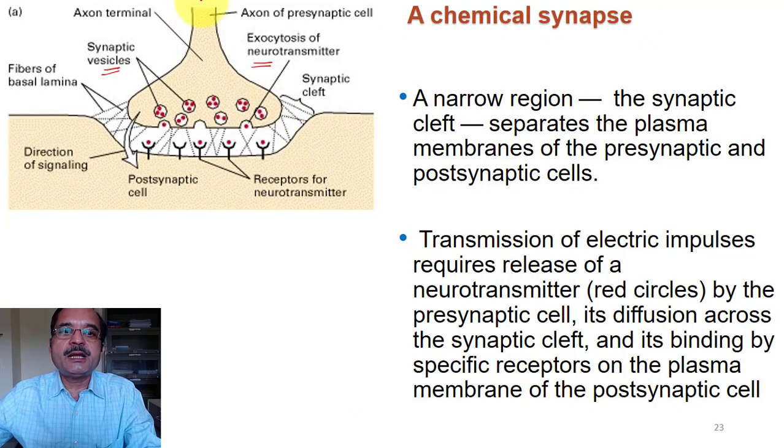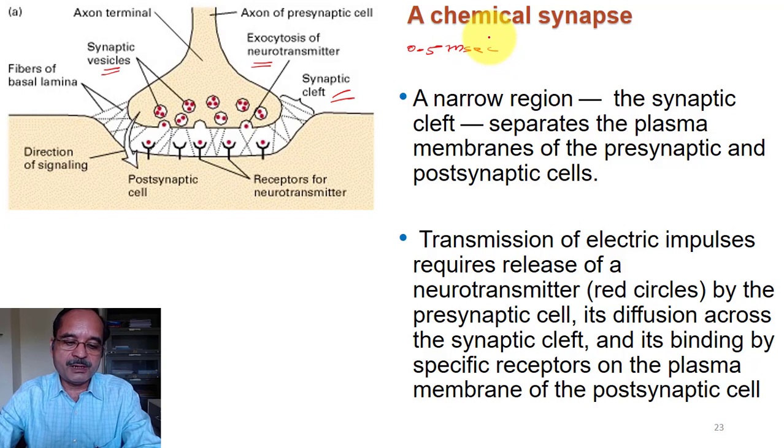The synaptic cleft is the gap you see here in this diagram. The neurotransmitters diffuse across this synaptic cleft, and it takes around 0.5 millisecond to bind to receptors of the postsynaptic cell.